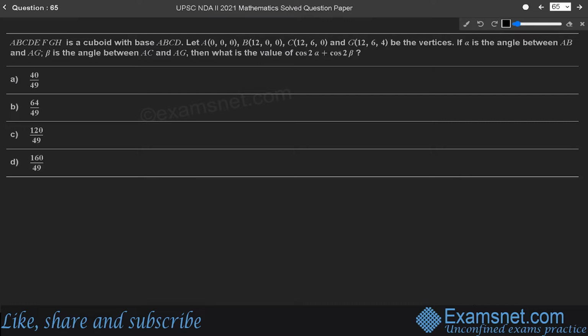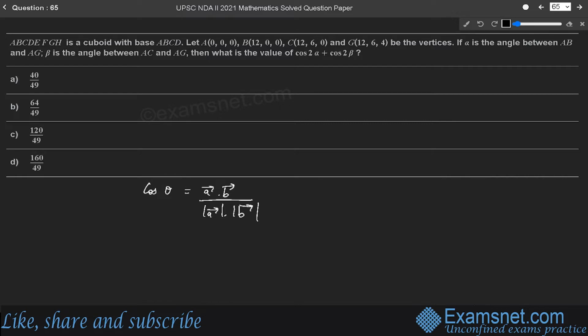This question is a little bit lengthy. It is given that ABCD is the base of the cuboid ABCDEFGH and four vertices are given, which are A, B, C and G. So for solving this question, we require some concepts. Let us consider two vectors A and B separated by some angle theta. Then according to the formula of dot product, cos theta equals A vector dot B vector upon modulus of A vector times modulus of B vector.